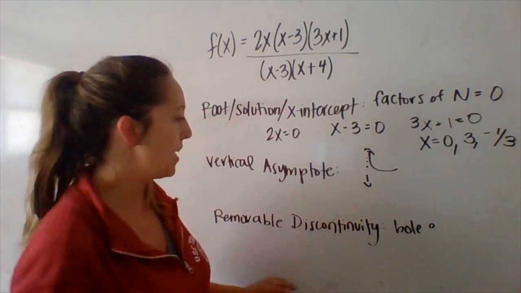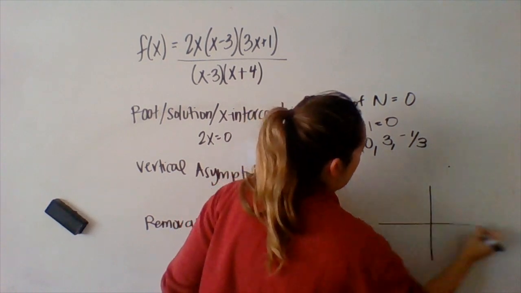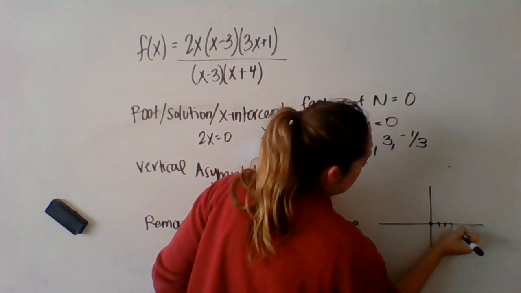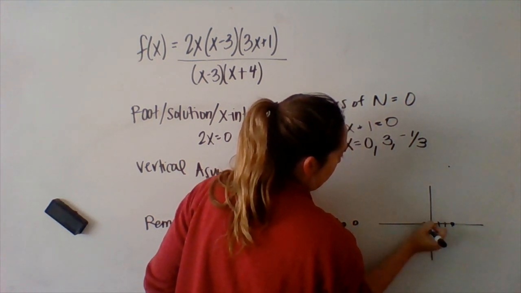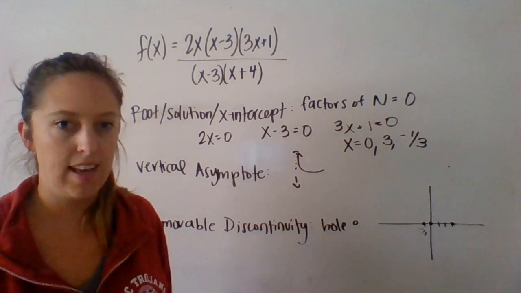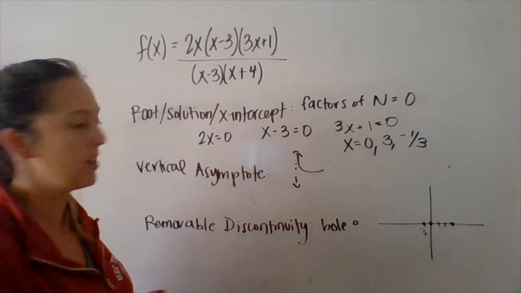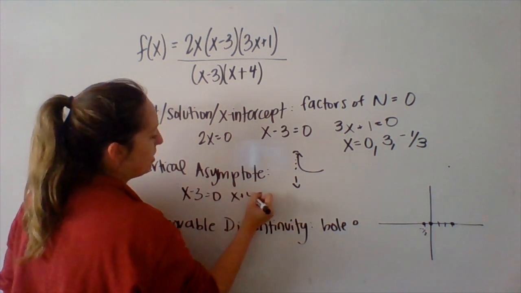Okay, so that means that on my graph, I would have x equals 0, I would have 1, 2, 3, and I would have negative 1/3. Vertical asymptotes come from the roots of the denominator. So I want to say x minus 3 equals 0 and x plus 4 equals 0.